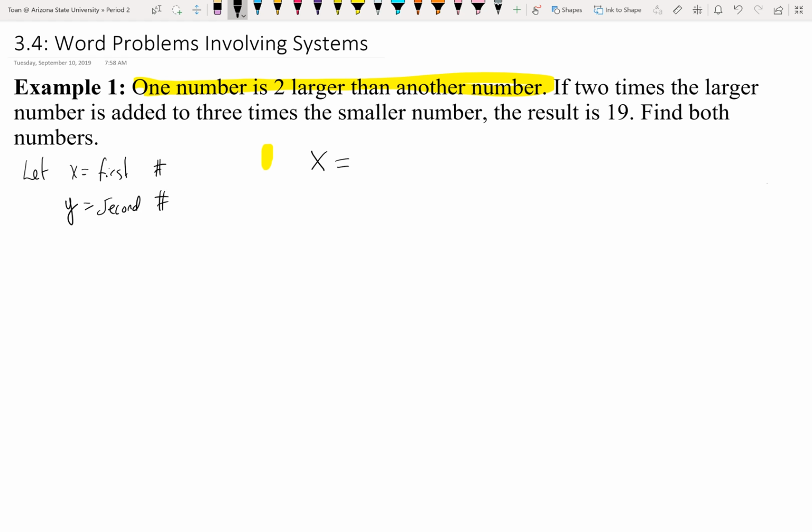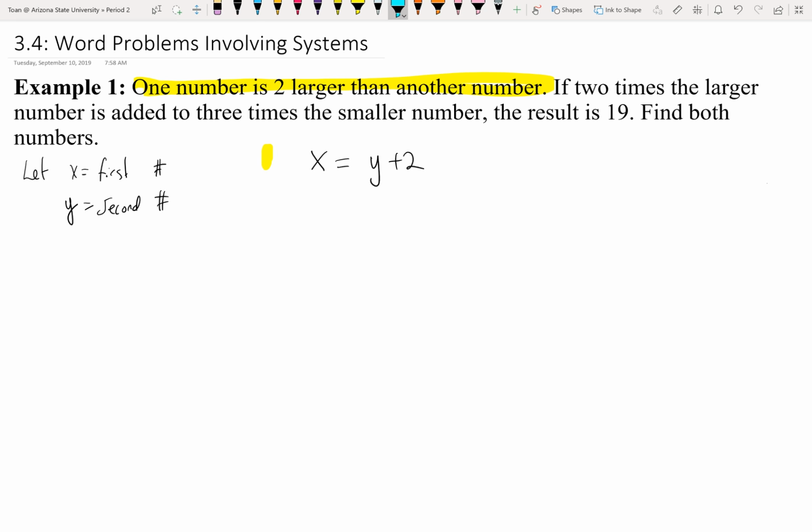What math operation are we doing if it's 2 larger than something? Addition. If the amount of money I have is 2 larger than yours, I have $2 more. So I know it's going to be plus 2, and what am I adding to? The other number, y plus 2.